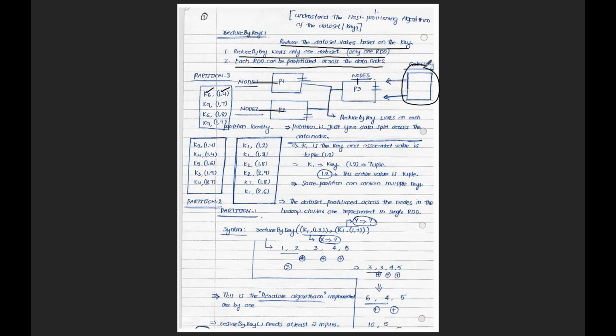For example, these three partitions can make one file, because your file will be broken into blocks and one block is based on one partition. Now try to understand: reduceByKey works on each partition locally. When reduceByKey is applied on a block, the transformation will be applied locally on that block.